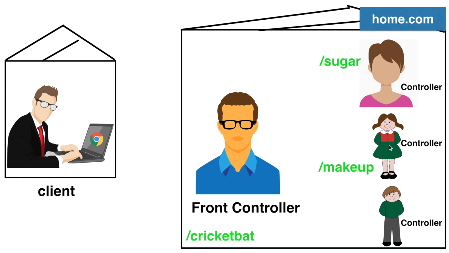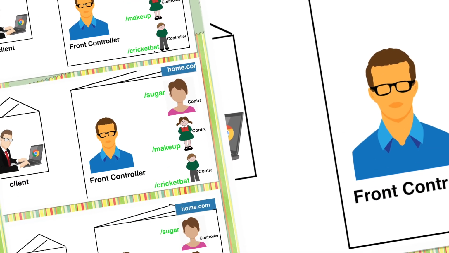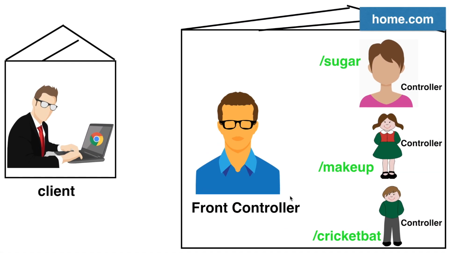And just like that, this particular controller, let's say he is a bro controller and he handles all the requests ending with /cricketbat. So right now you might be thinking, what about this guy? So this guy is your front controller and this guy is going to handle all the requests coming to your website called home.com.